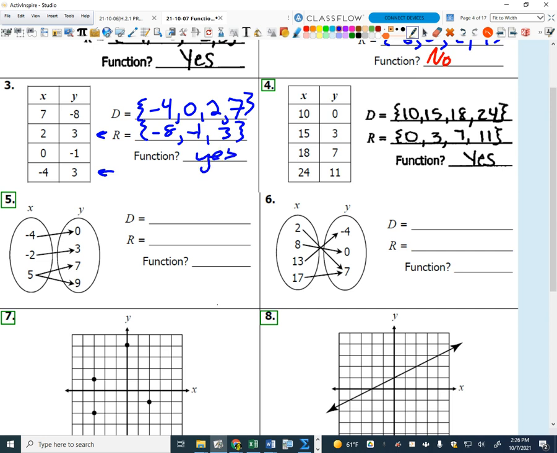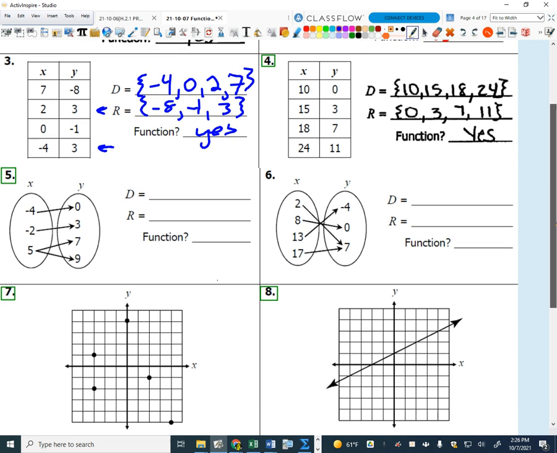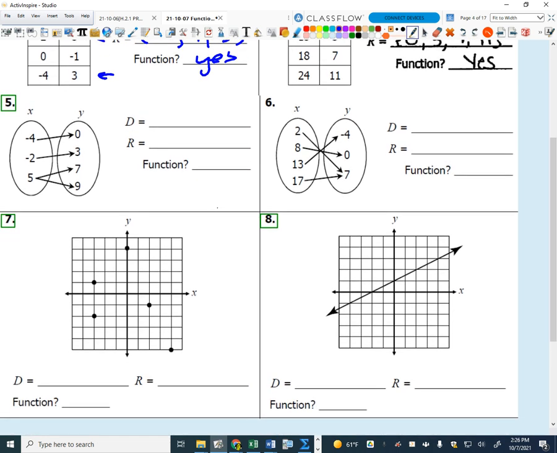Okay, how about this mapping down here? Easy to find the domain and the range when they're written like this. What's the domain? The range? Function? No. And what's the red flag that's popping up here?